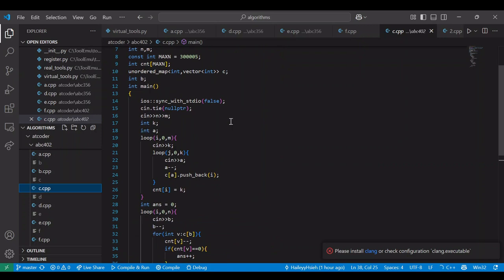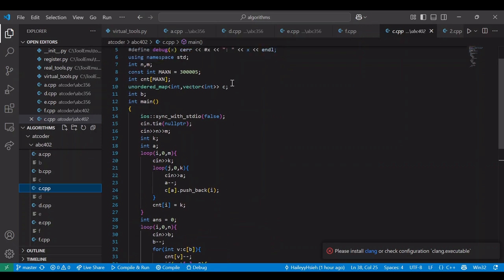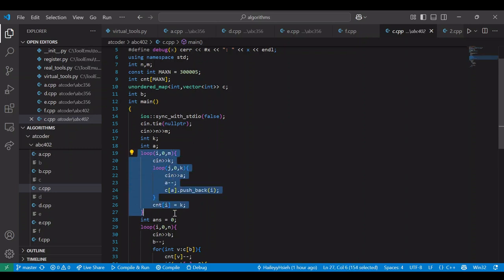So this part, my unordered map C represents the list that I mentioned, mapping the ingredient number to the list of dishes that need the current ingredient. So this part is taking in the input, and I'm creating my list.